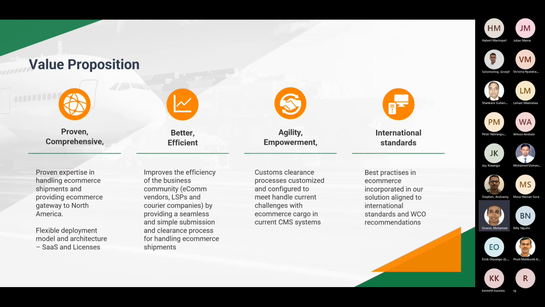Agility and empowerment: this is basically to handle current challenges, so the need to adapt to cover e-commerce types of shipments and the traditional methods which may not be as effective. So that's what the solution actually addresses. And of course, the solution is based on international standards, adhering to WCO best practices.